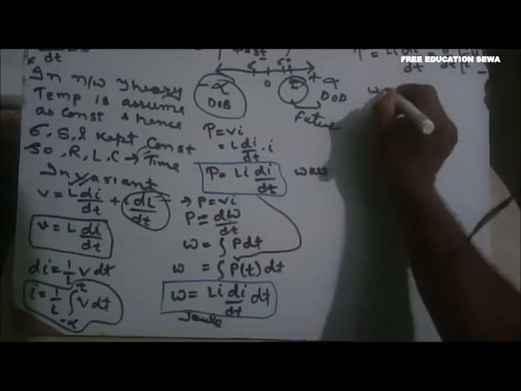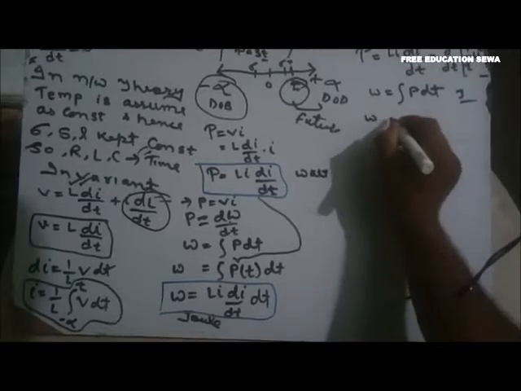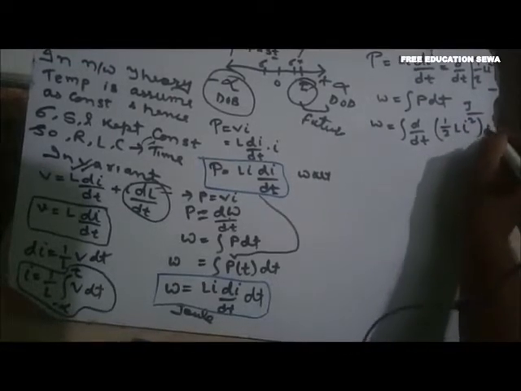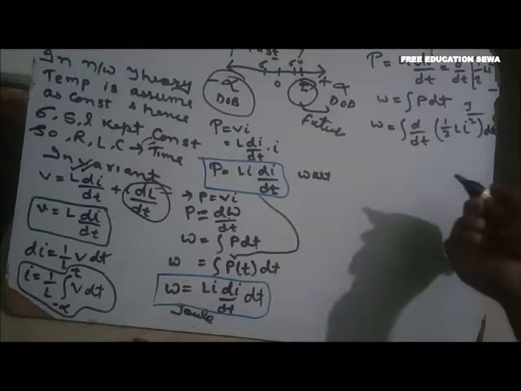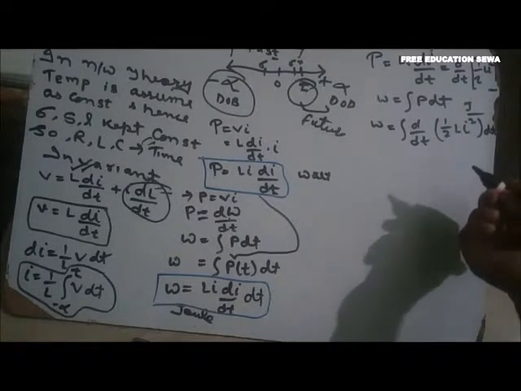Now since we know that W equals P dt, and joules is this one, we can write W equals P dt, and put d by dt of half Li square here.